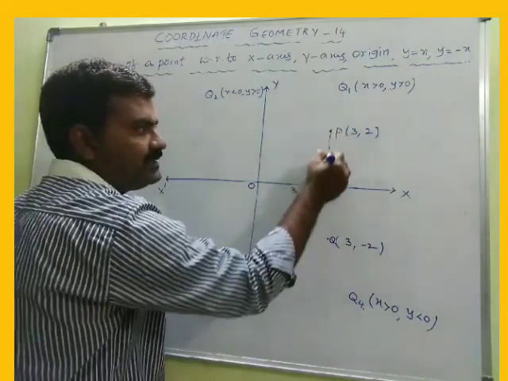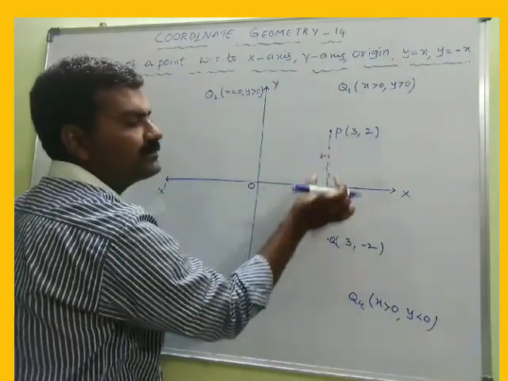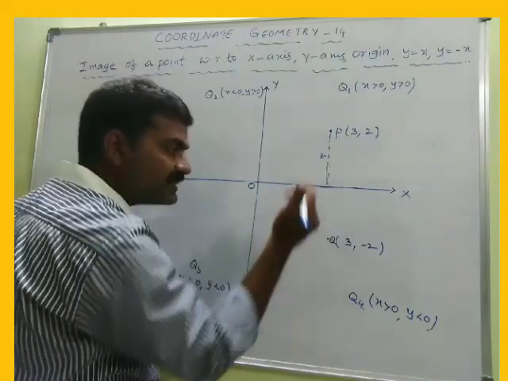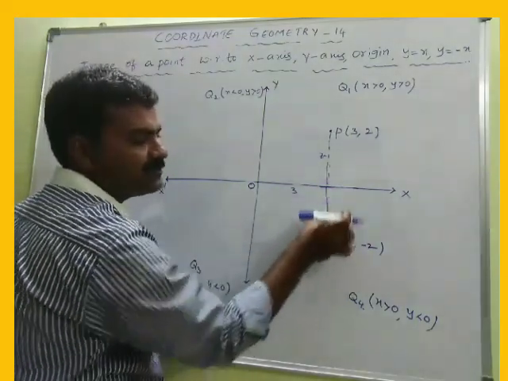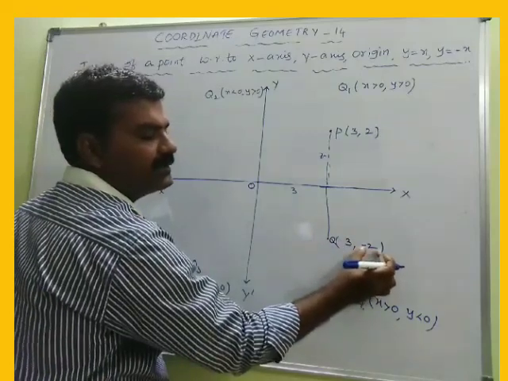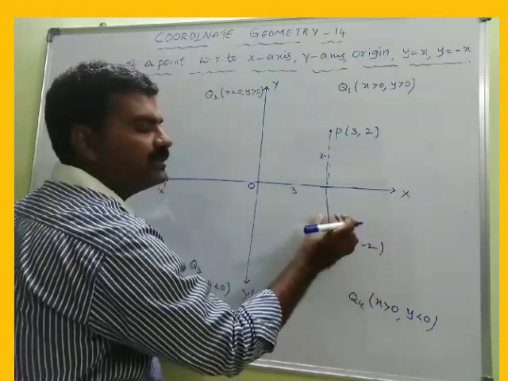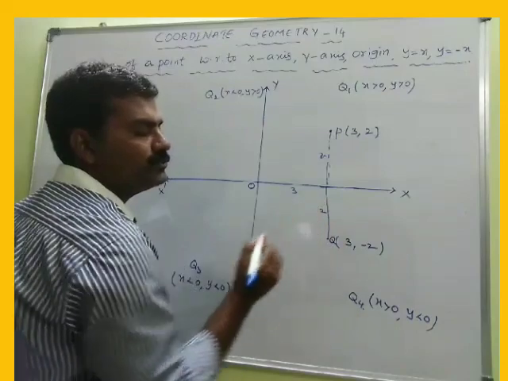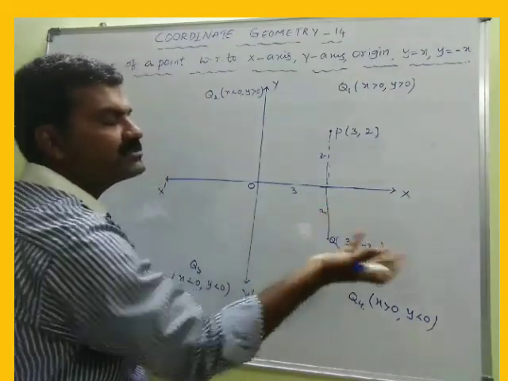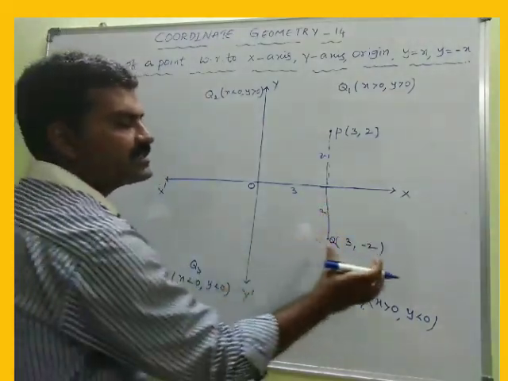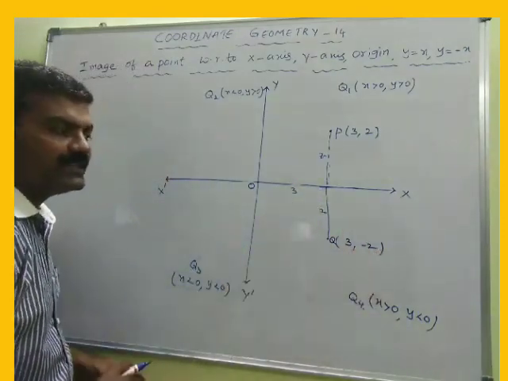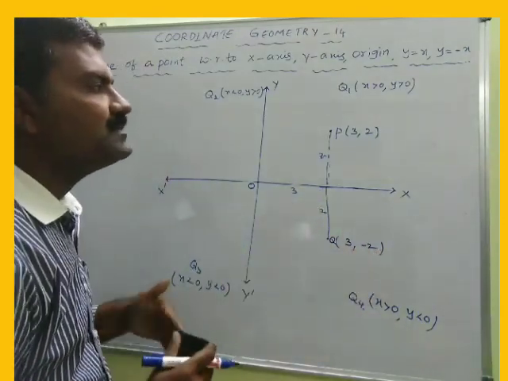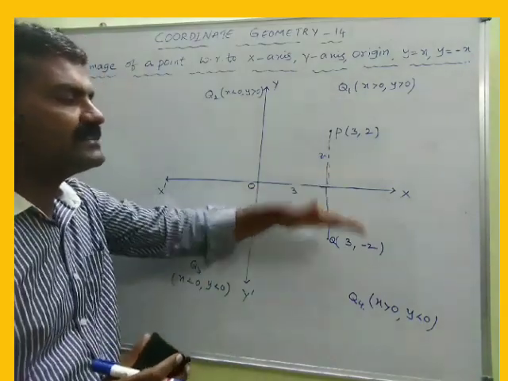If this point is at a distance of 2 units from the x-axis, then its image is also at 2 units only, isn't it? This is also the y coordinate. What is the y coordinate? Of course minus 2, but coming to the length, it can never be negative, which is 2 units. The plus and minus is because of its location. Since it lies in the fourth quadrant, the y coordinate should be negative. So do you understand now how to find the image of a point with respect to the x-axis?